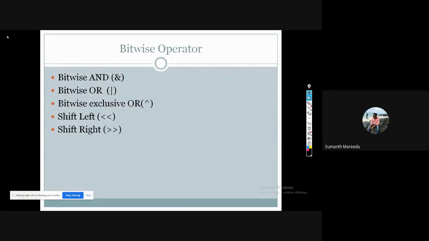So what representations do we have? That we'll see first.